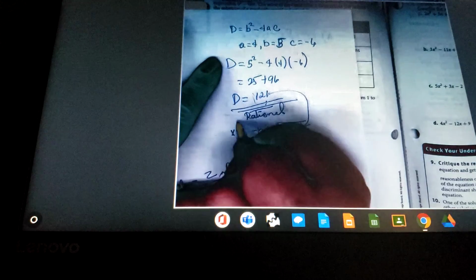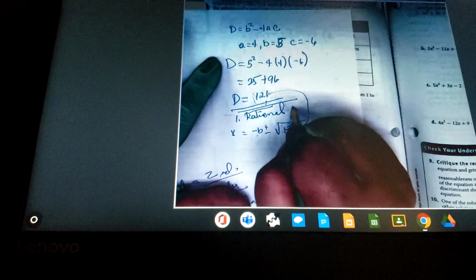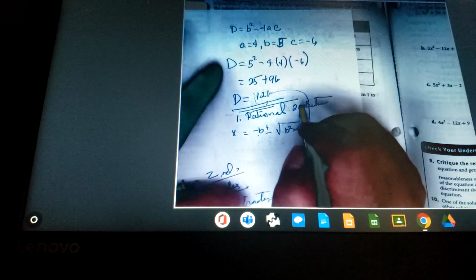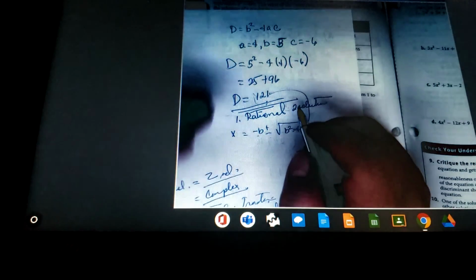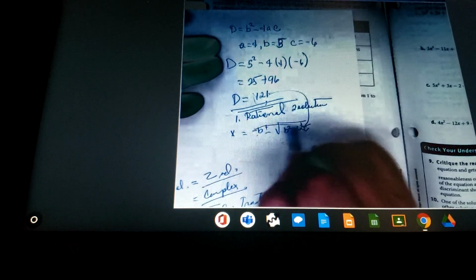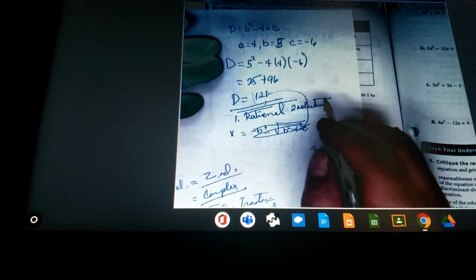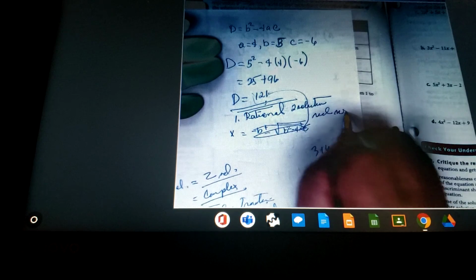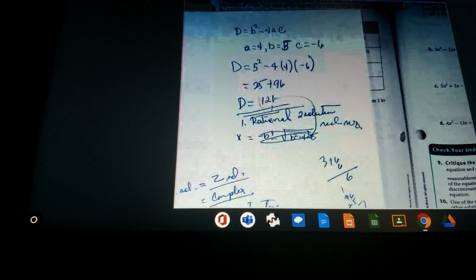So rational and 2 solutions. Real number or not real number? Or complex? Real number. Okay? That's correct. That's for number 1.